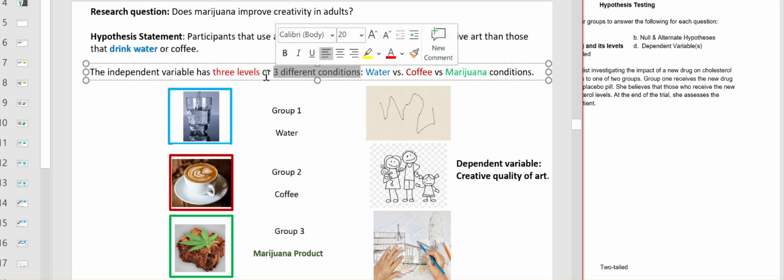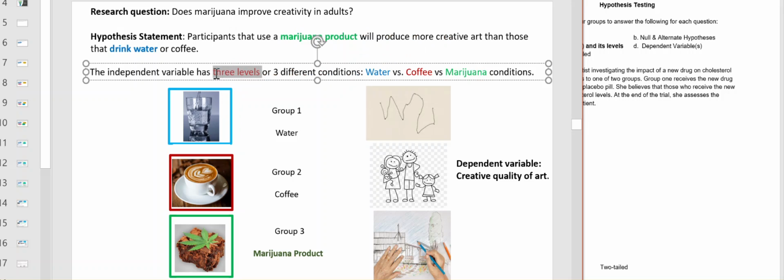So think of levels as three different conditions. One group of participants will receive water, another group will receive coffee, and a final group will receive the marijuana product. And we want to see which group will have the most creative output.